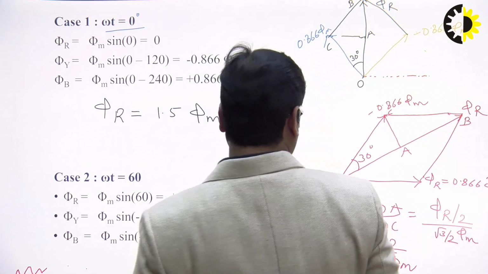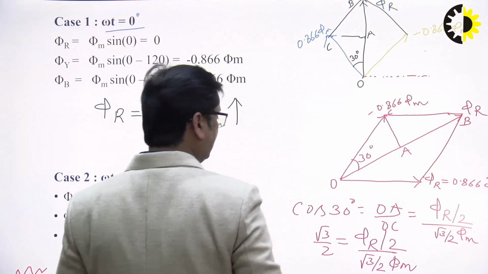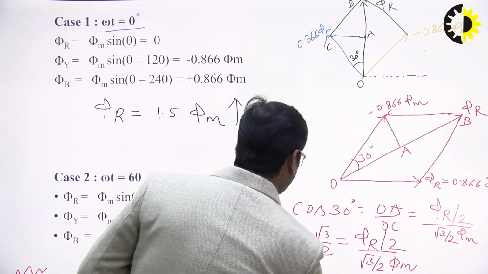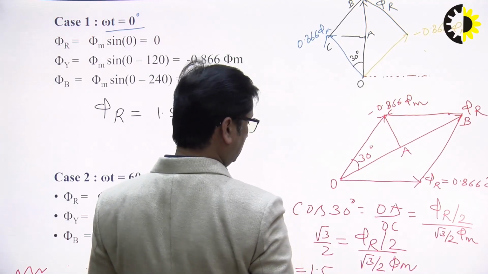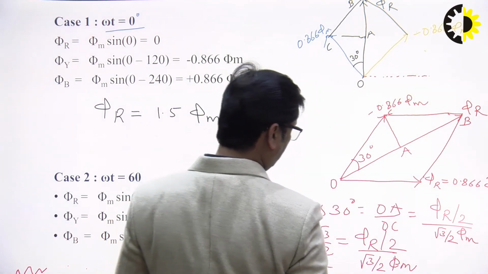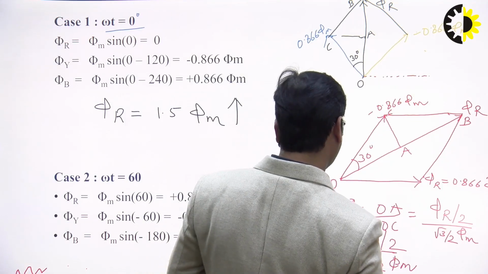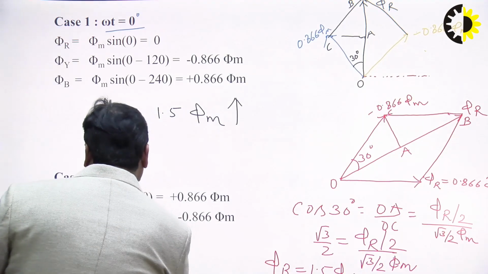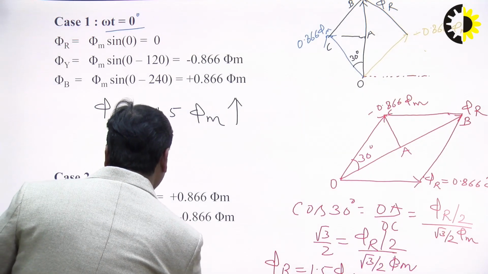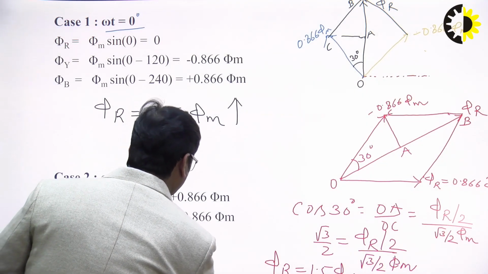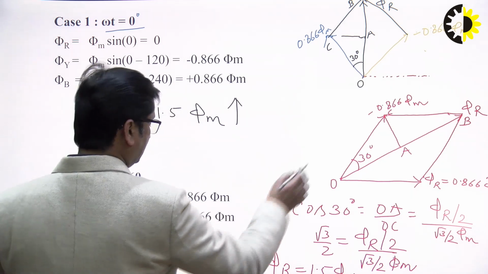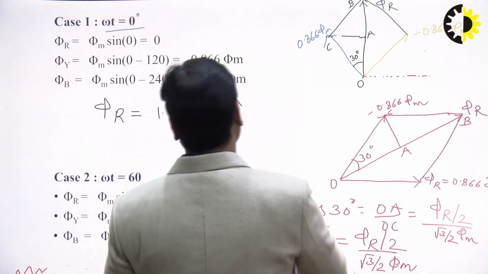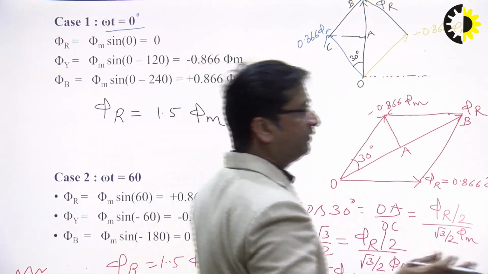So again you will find that the resultant flux will be given by 1.5 times of phi m. So you can write here phi r is equal to 1.5 times of phi m, but its direction is like this. So in the first case it was vertically upward.